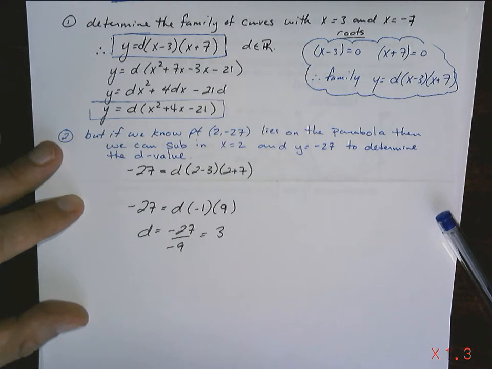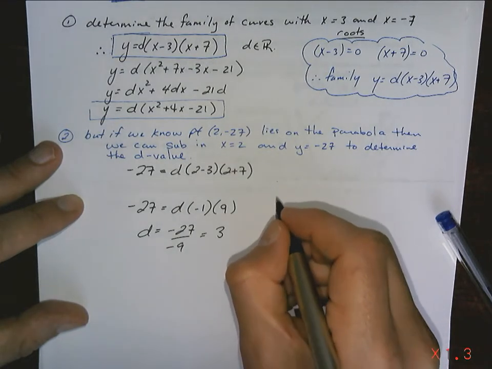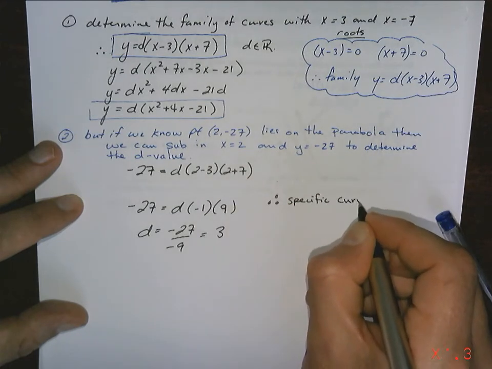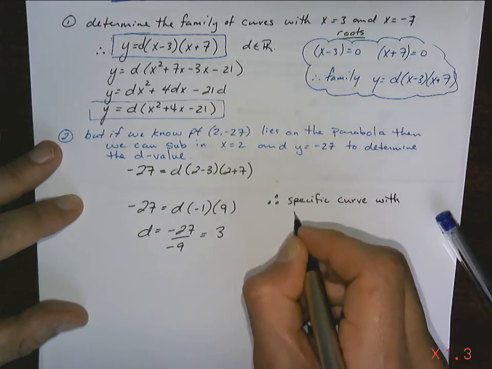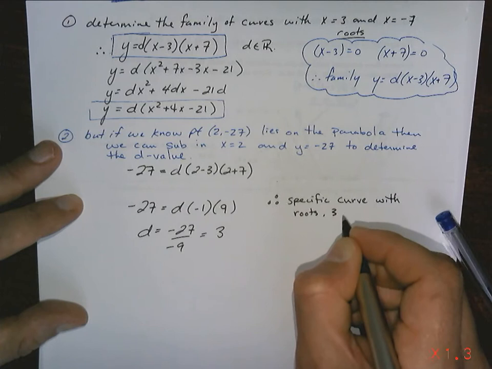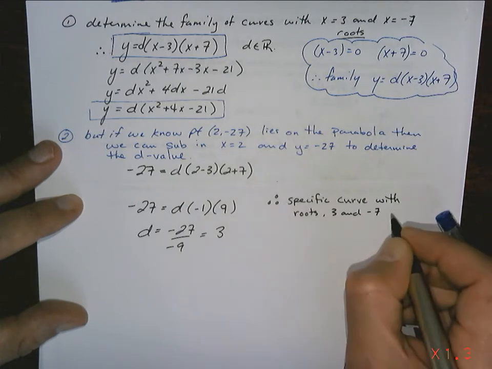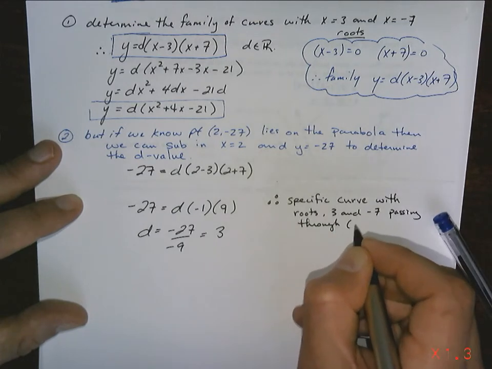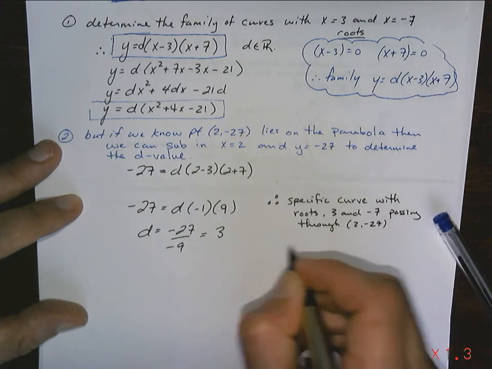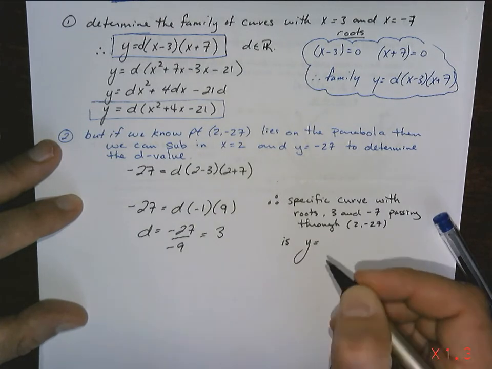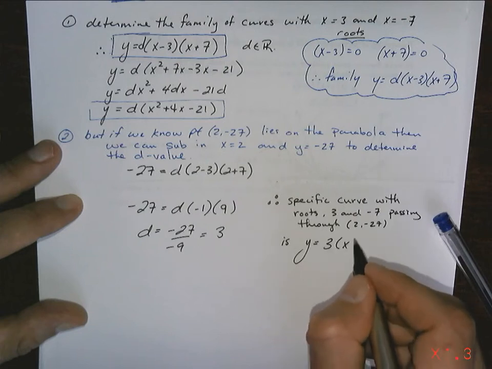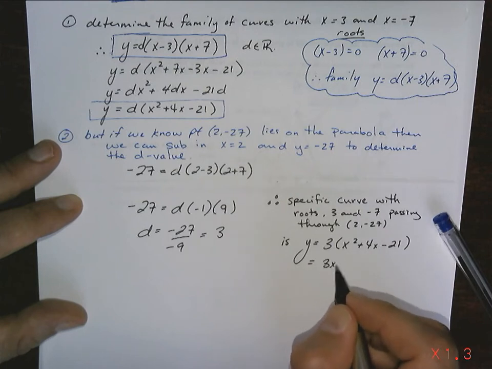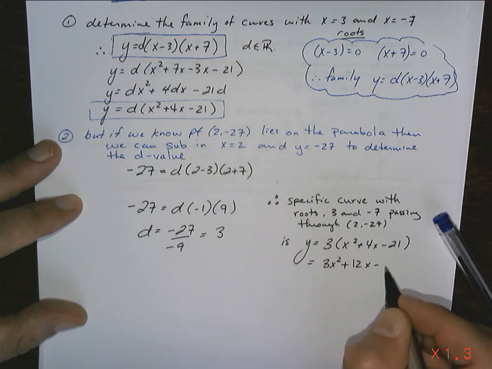Okay, so I have my d value. So therefore my specific curve with roots 3 and negative 7 passing through 2 comma negative 27 is y equals 3x squared plus 4x minus 21, or 3x squared plus 12x minus 63.